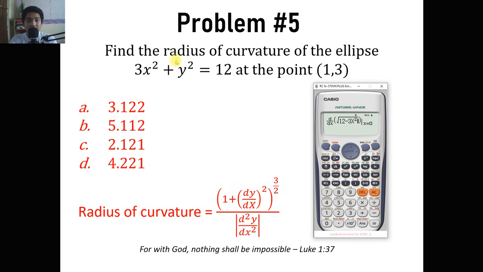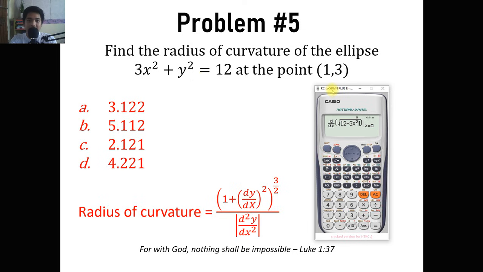So we have to express this in terms of x on the right side, because we are differentiating with respect to x. Again, the point is (1, 3), so we use the value of x given in the coordinate, which is 1. We differentiate, get an answer of negative 1, and store it in A. That's our first derivative.